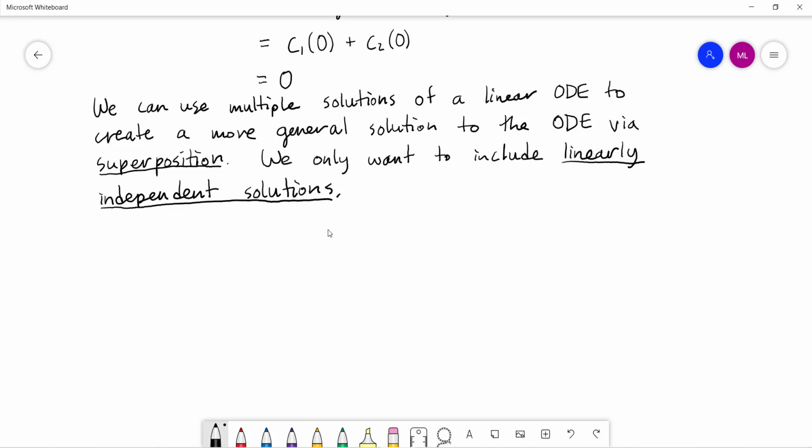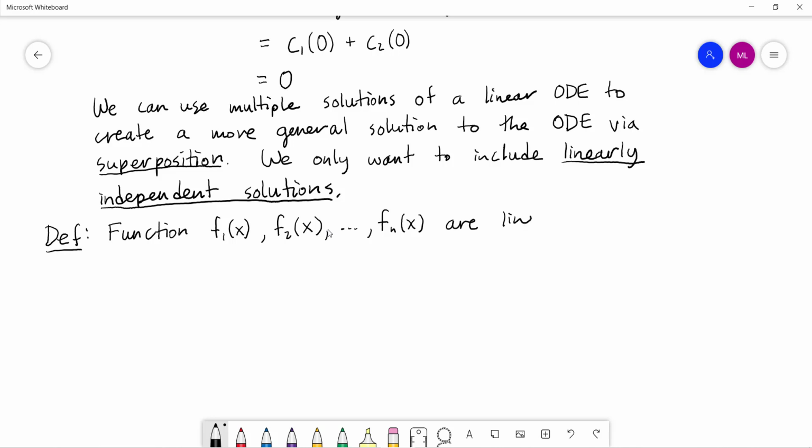Basically, let's define it here. If I've got a bunch of functions, so let's say we've got this list of functions: f1 of x, f2 of x, dot dot dot, up to fn of x. So we've got a big long list of functions.